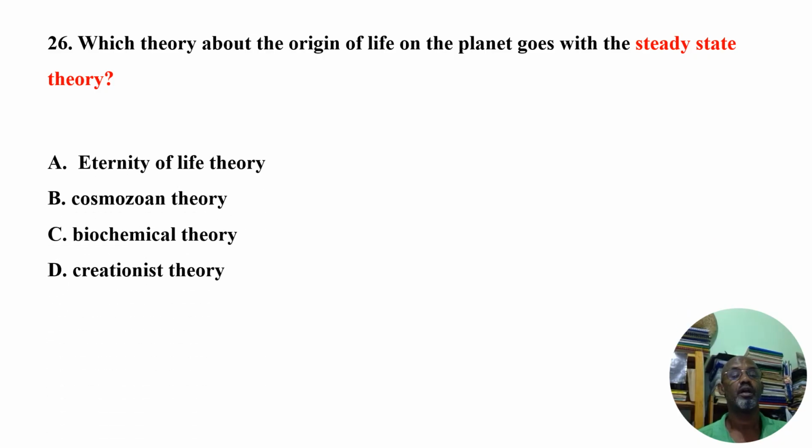Let us go. A, eternity of life theory, B, cosmos theory, C, biochemical theory, D, creationist theory. Therefore, the answer is A, the eternity of life theory is related with the steady state theory about the universe.